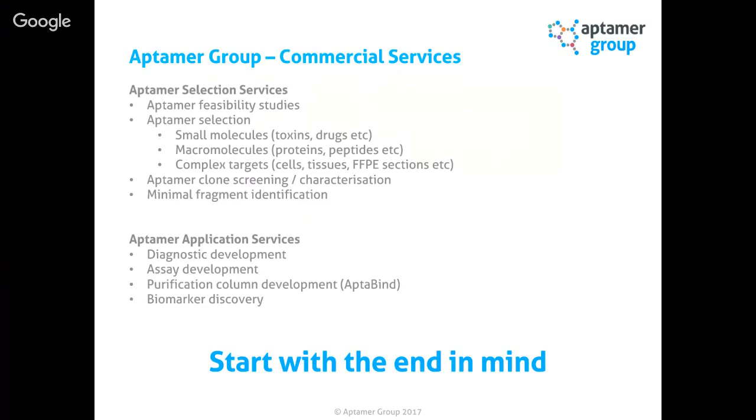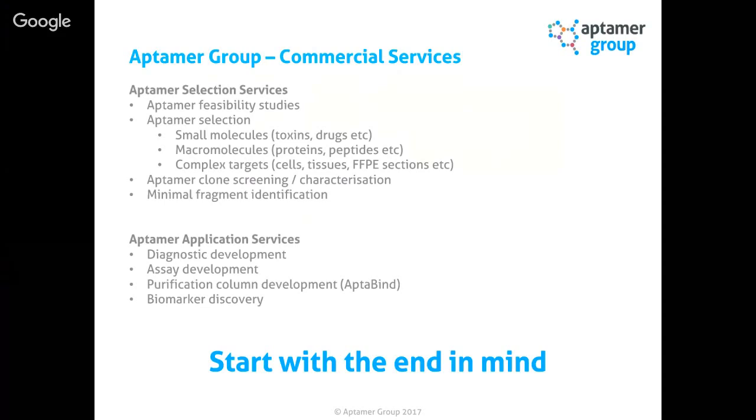Well, our process is actually broken down into several key stages, and we like to think of these as essentially milestones along the road to having a successful Aptamer. And the first of these is a step that we've actually broken out of our standard process quite recently and made upfront, what we refer to as an Aptamer feasibility study.